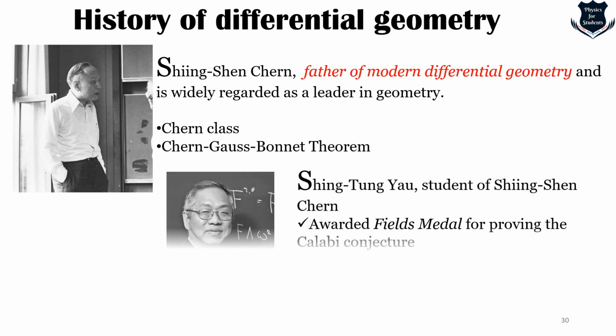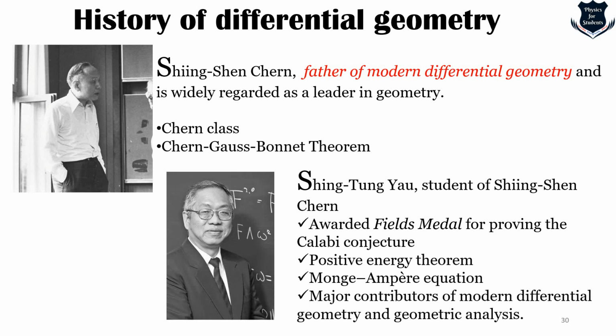Shing-Tung Yau, a Chinese-American mathematician, was awarded the Fields Medal in 1982 in recognition of his contribution to partial differential equations, the Calabi conjecture, the positive energy theorem, and the Monge-Ampère equation.